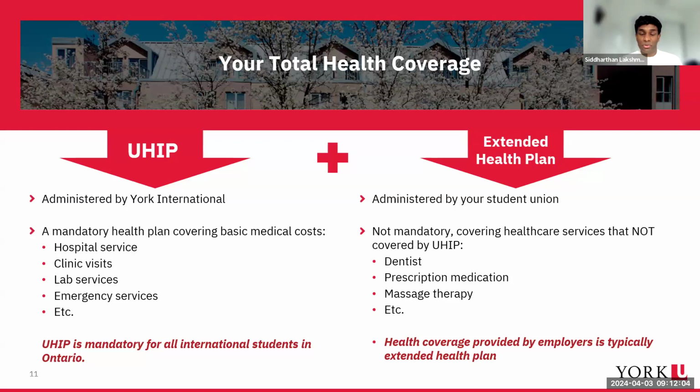However, the important thing to note is that the extended healthcare plan covers services that are not necessarily covered under UHIP. This includes services of a dentist, eye and vision care, prescription medication, massage therapy, and so forth. So together, these two plans make your total healthcare coverage as a student at York University.